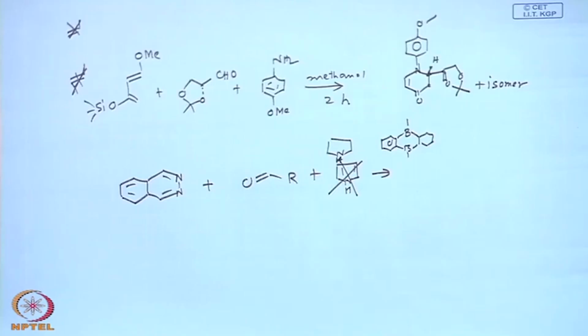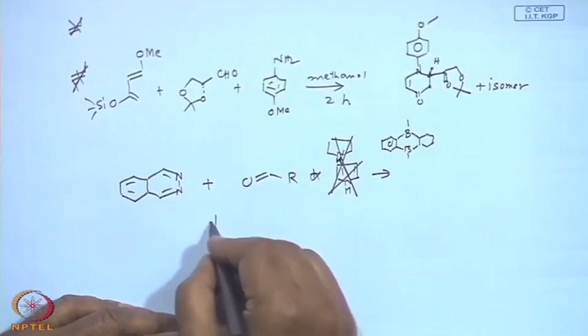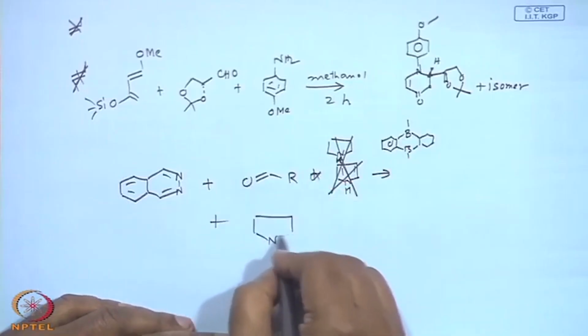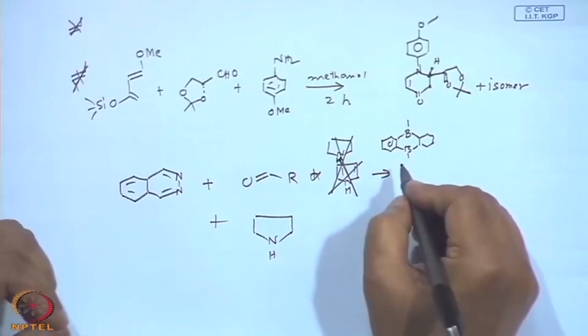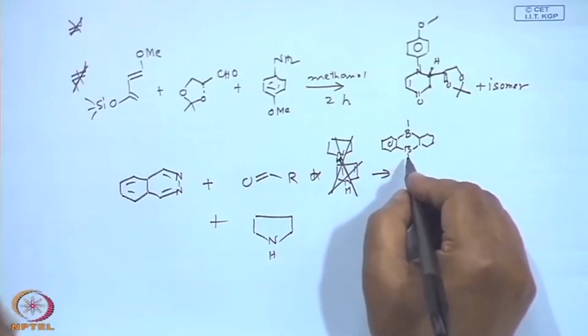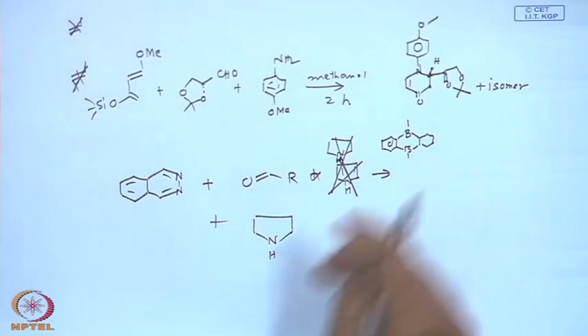So, what do you expect? Okay, better I write it separately. Now just like BF3, in this case it is not BF3, it is a diboron compound, and just heat it. So, what do you expect?